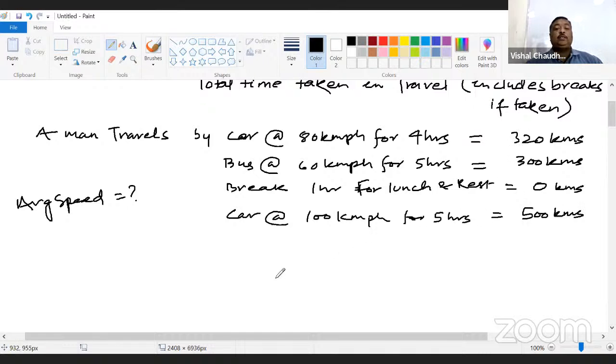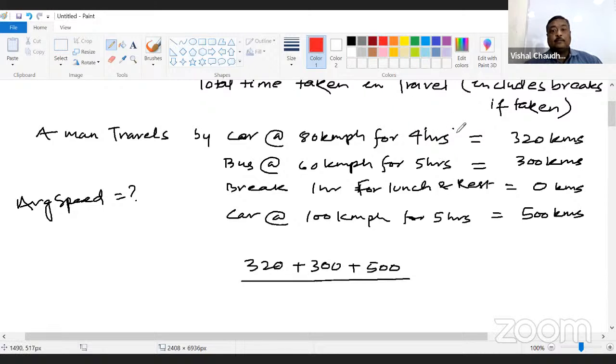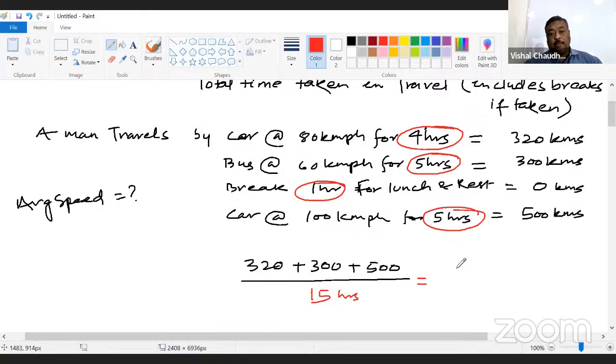So total distance he traveled is 320 plus 300 plus 500, which is 1120 kilometers, and total time it took is 4 hours, 5 hours, 1 hour rest, and another 5 hours. So a total of 15 hours. So 1120 kilometers divided by 15.